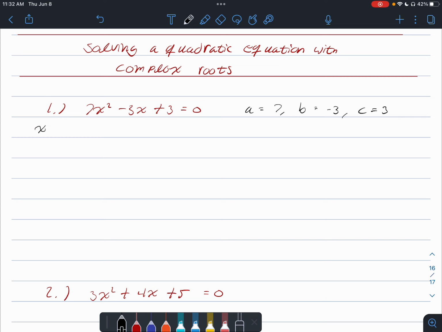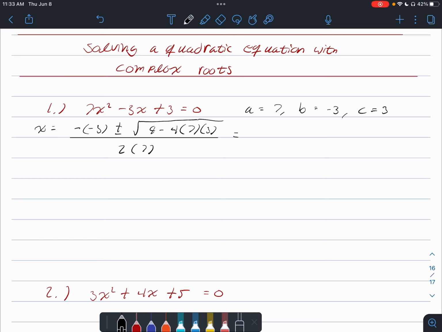So we know that x will be of the form negative negative 3 plus or minus the square root of b squared, so negative 3 squared is 9, minus 4 times 7 times 3. And this is all going to be over 2a, or 2 times 7.